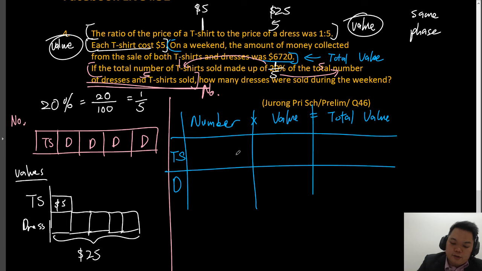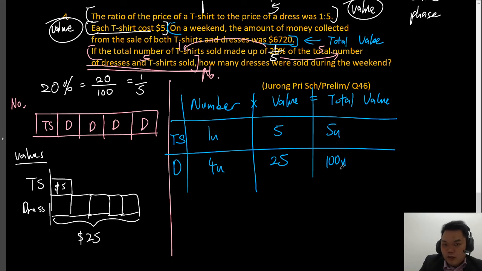Okay, tabulate everything first. Then you'll see that your t-shirts is 1 unit, dresses is 4 units, value here is 5. Value of your dress will be 25. So multiply out everything, 1 unit times 5 gives you 5 units. 4 units times 25 will give you 100 units. And once we have multiplied out the product, now we want to look at what we can find. We see that the total value over here is $6,720.